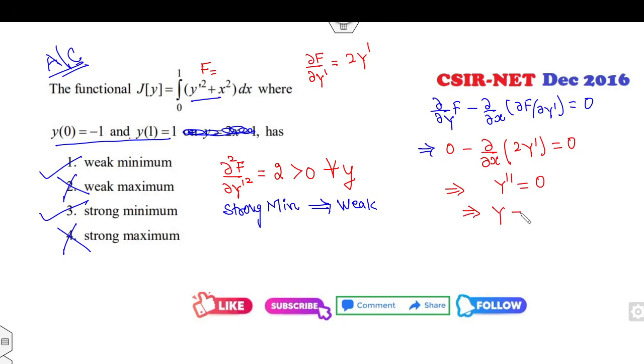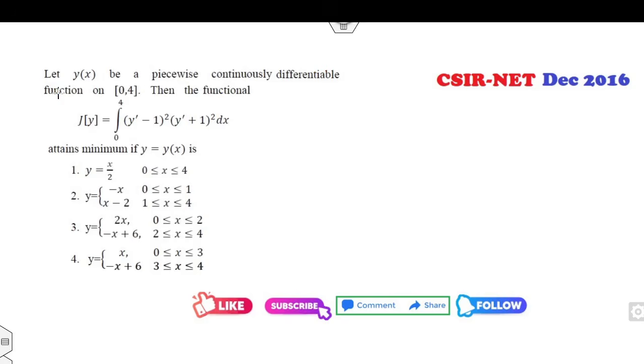Y double dash 0 means y is equal to ax plus b is my solution. After finding this, substitute the values. Y of 0 is equal to minus 1, sorry, this implies b is equal to minus 1. Y of 1 is equal to 1, this implies a is equal to 2. And you can see the same condition is obtained. In this case, it is already given to you, so there is no need to solve this case. So the right answers are A and C.